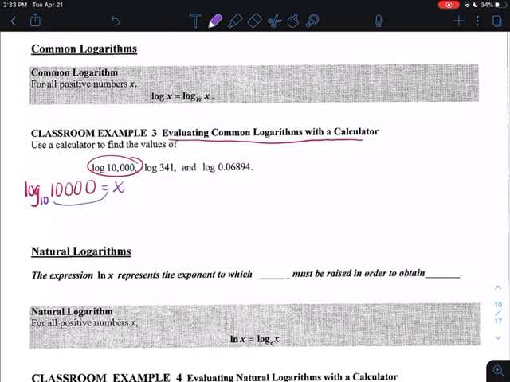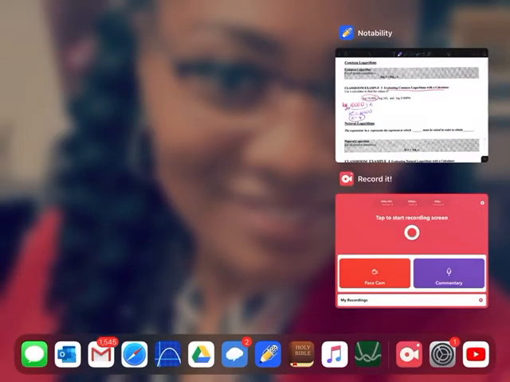I ask myself, 10 raised to what power gives me 10,000 back? Since the base is 10, you just count the number of zeros, x equals 4. And that's it. That's how you would do it without a calculator. I'm going to show you how to check it using our calculator. So log of 10,000.